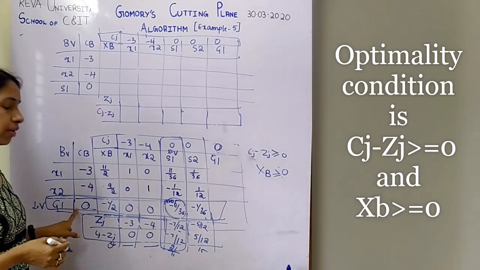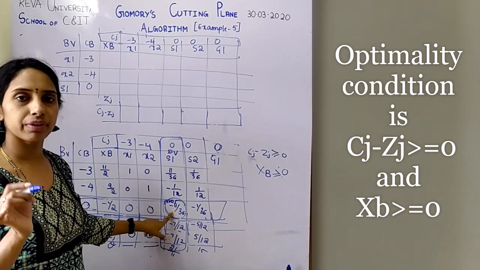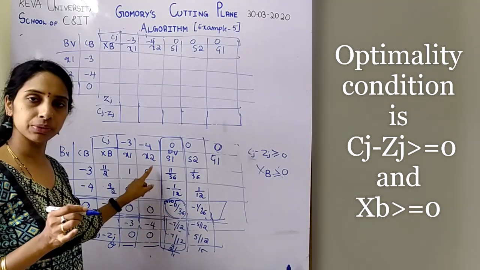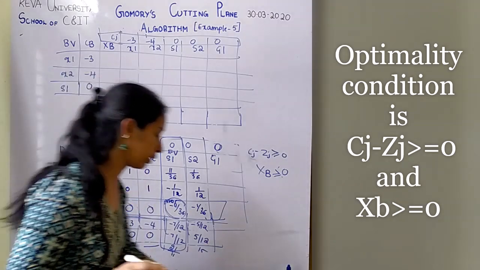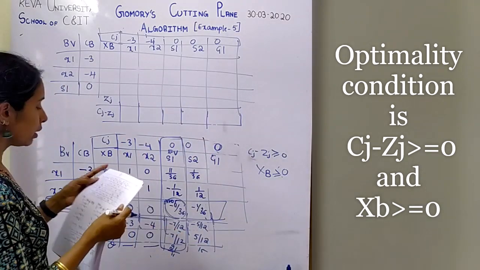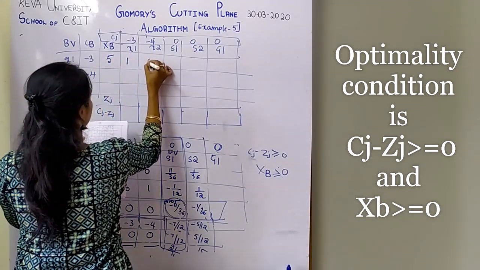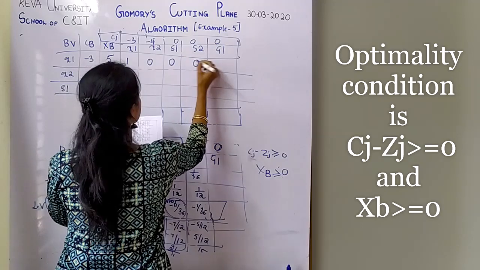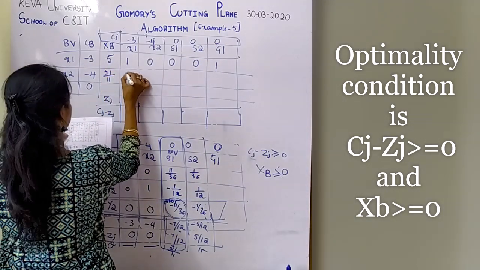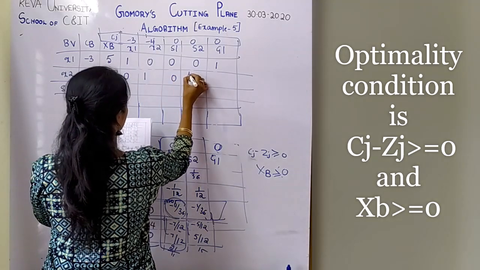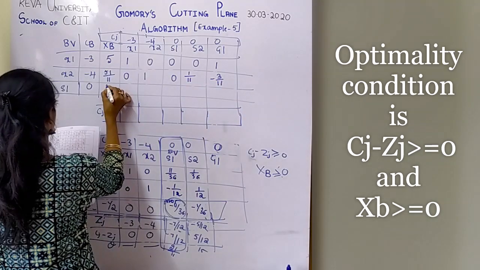Find out the values. How will you find out the values? Again the formula. Old value divided by pivot. For these two, old value minus new value into value in the entering column. So find out the values. You will get the values as 5, 1, 0, 0, 0, 1. 51 by 11, 0, 1, 0, 1 by 11, minus 3 by 11.